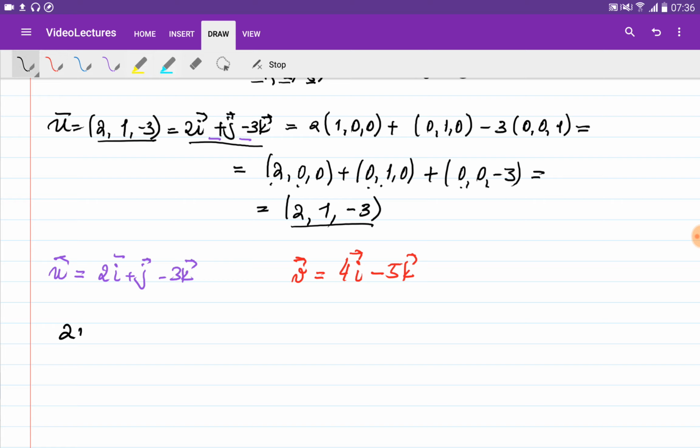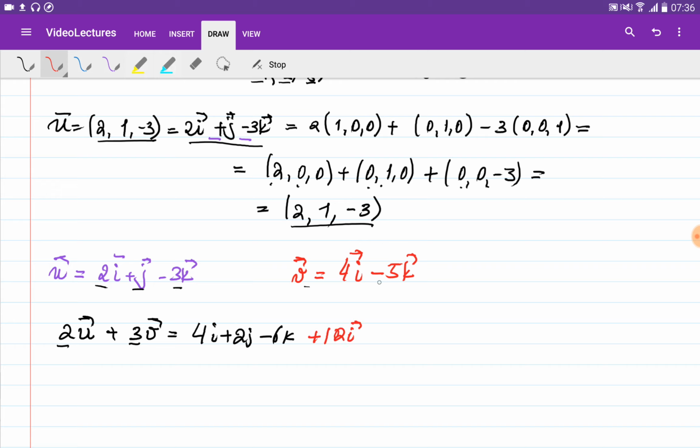For example, if I need to multiply the vector u by 2 and add this to 3 multiplied by v, I multiply 2 by all 3 components of u. This is equal to 4i plus 2j minus 6k, and if I need to multiply 3 by v, I multiply 3 by all 3 components of this vector. This is going to be plus 12i.